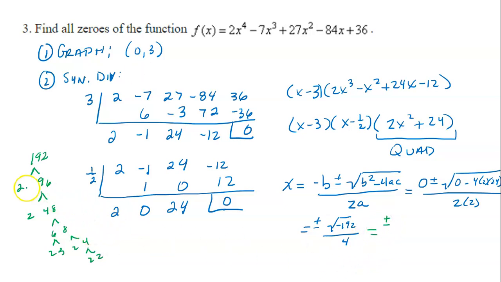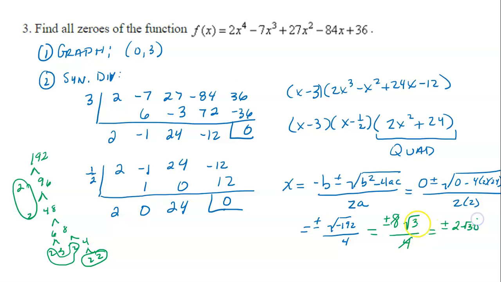Plus or minus. And then, if there's 2 in the house, I can take 1 out. So there's 2, that's 4. There's 2, so that's 8. So I have 8 square root 3's left inside over 4. This is going to become plus or minus 2 square root of 3i.